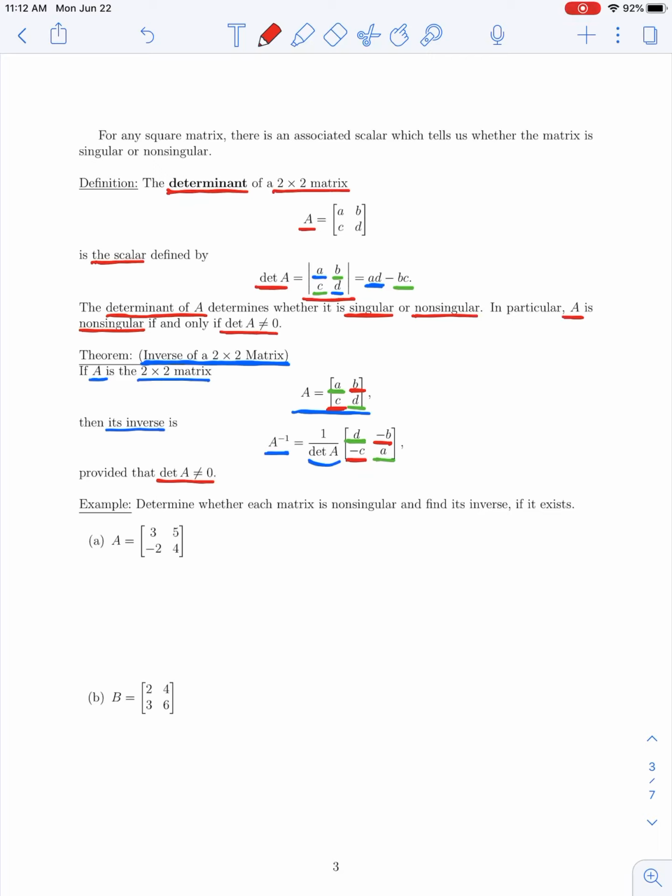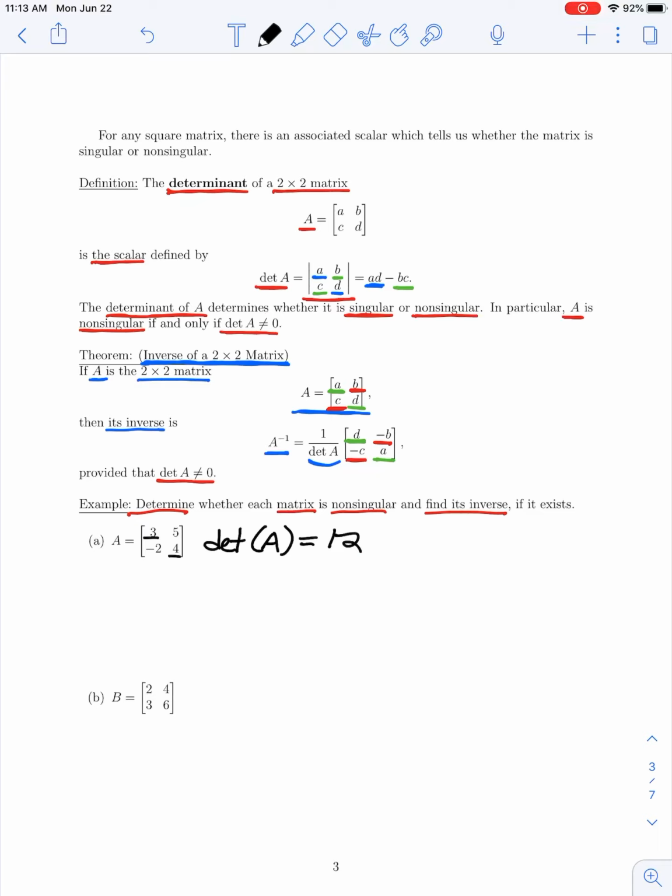So let's consider finding the inverse of some 2 by 2 matrices. In this next example, we are asked to determine first whether a given matrix is non-singular, and if it is, we want to find its inverse. In part A, we have the following 2 by 2 matrix, and to determine whether it is non-singular, we look at the determinant of A, which is found by taking the product of the diagonal entries of A, that is 3 and 4.